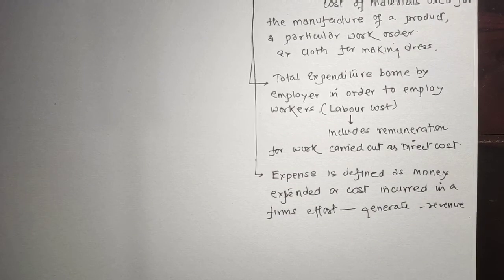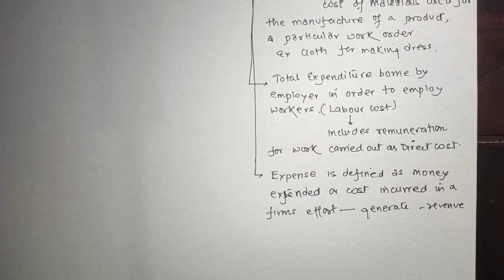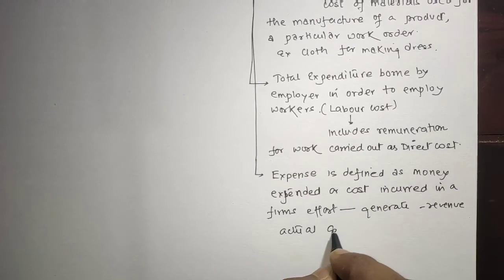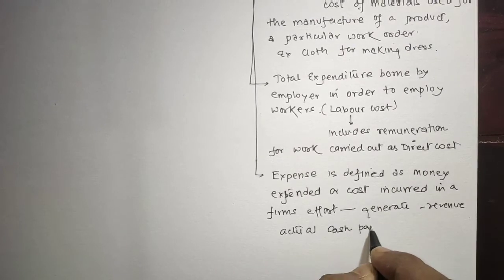They may be in the form of actual cash payments such as wages and salaries. Okay, whereas all expenses are cost, but not all costs are expenses, such as the acquisition of income generating assets. So expenses is money expended or cost incurred in a firm. Okay, they may be in the form of actual cash payment too.